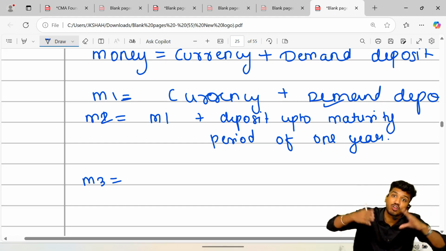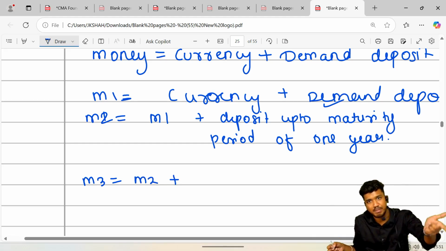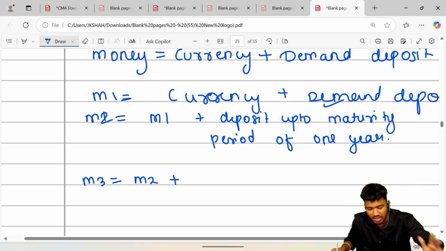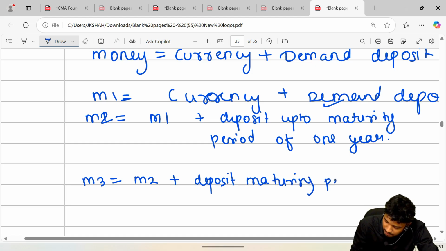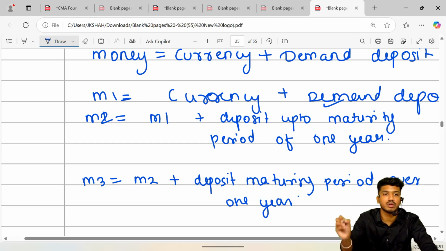Further, the definition got widened, that is M3 got M2 plus, that is currency is also money, demand deposit also money, deposit maturing within 1 year is also money, plus deposits by any name you take, time, liability, portion, anything, deposits maturing over 1 year is also money.